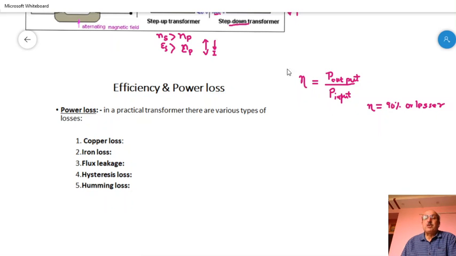We explain the transformer principle and working by taking the efficiency as 100%. That is power output to the power input is 1. This lesser efficiency of transformer is because of power losses.